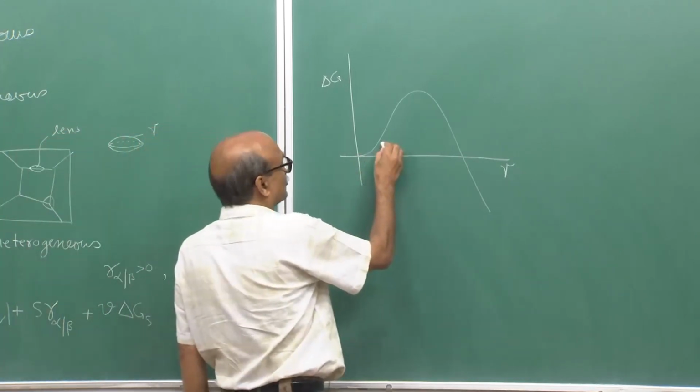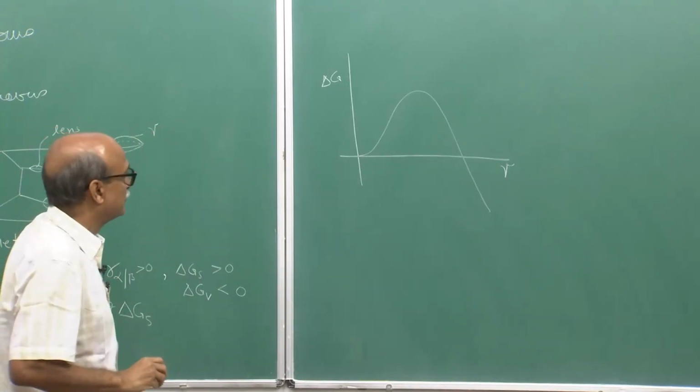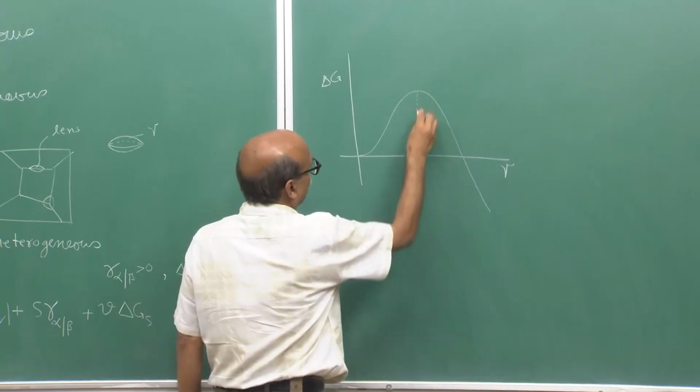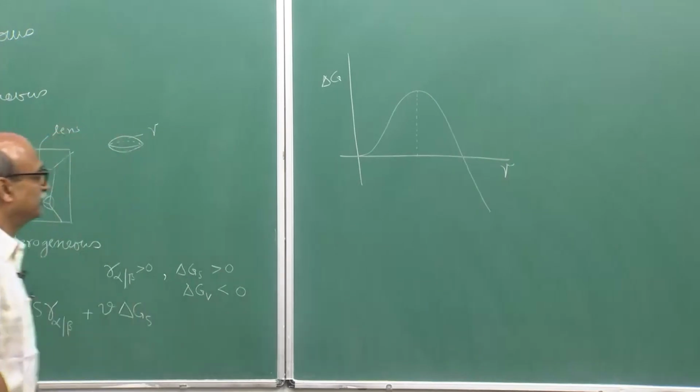So, initially at small sizes the change in free energy is positive and it goes through a peak beyond which it starts to reduce, and eventually there is an overall negative change in free energy.